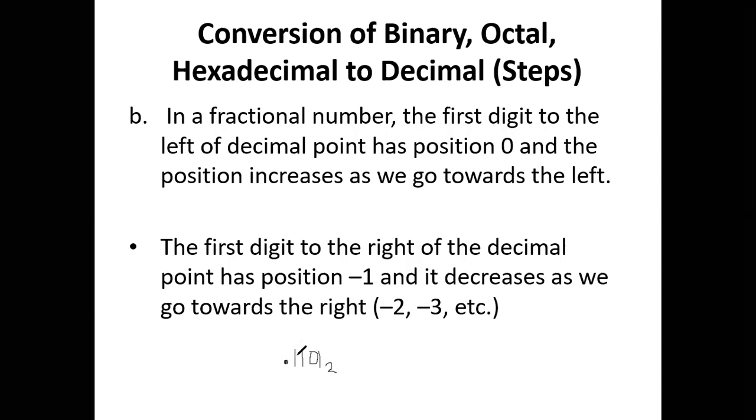Now, the positions, this is position -1. Positions after the decimal point are negative. So this is position -1, position -2, position -3, position -4. This is how we do it. Remember the concept, to get the position value, you get first value multiplied by the base raised to the power.